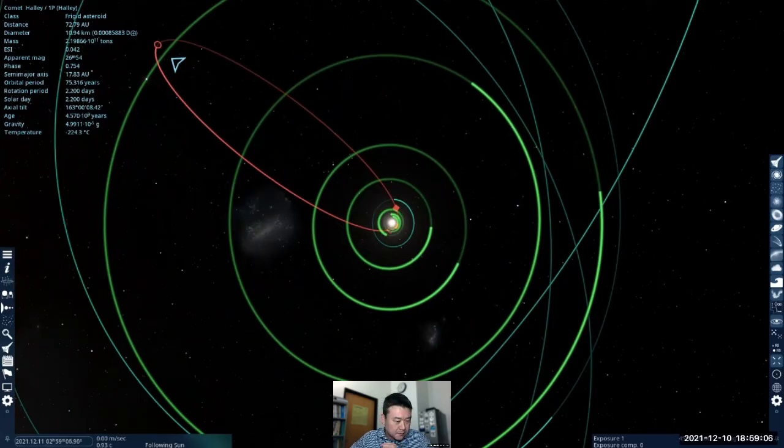I'm going to speed up the simulation time a little bit so that the motion of Halley's comet on this outer edge is still visible, because it's going to take another 30 years or so to come near the sun. Let me speed up the simulation enough that it looks like it's moving.